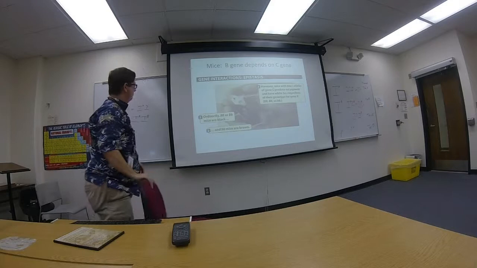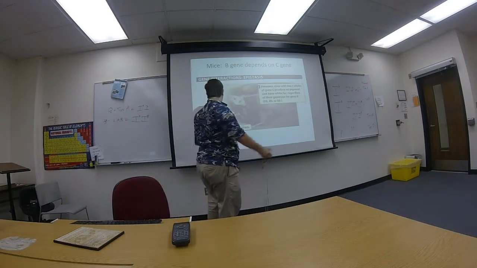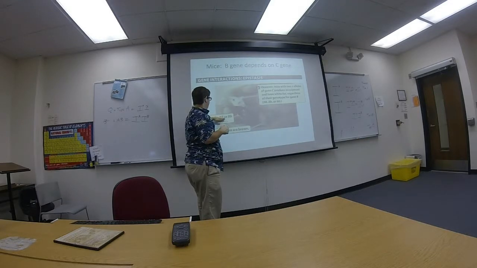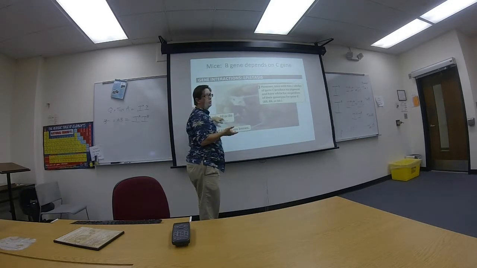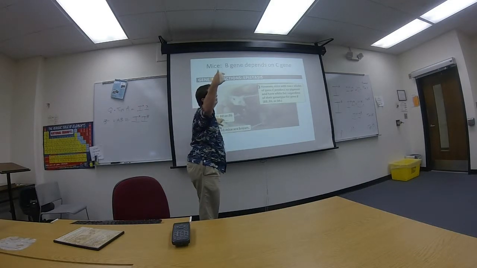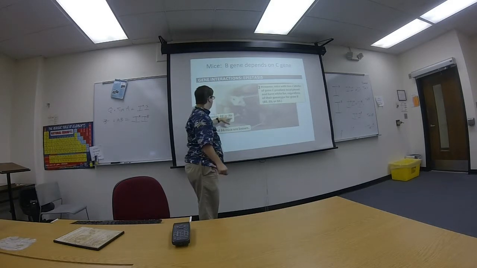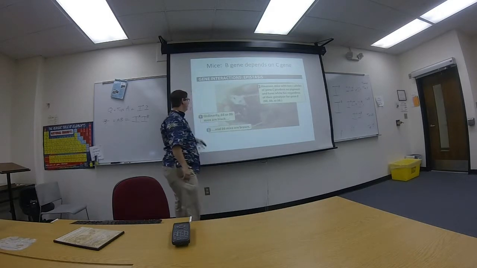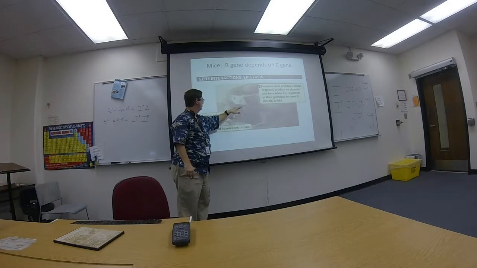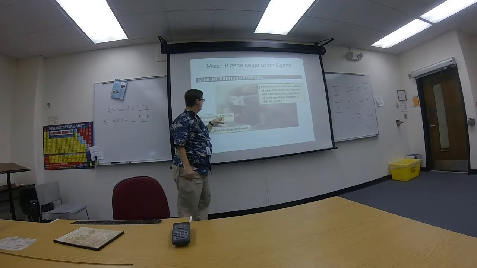The part we have is pretty straightforward, okay? You've got Bb or BB, what's the fancy H word for this? Homozygous dominant. Alright, here we have the other H, heterozygous, okay? So ordinarily, either one of these gives you a black mouse.